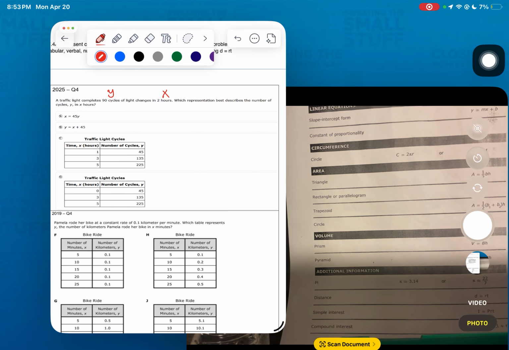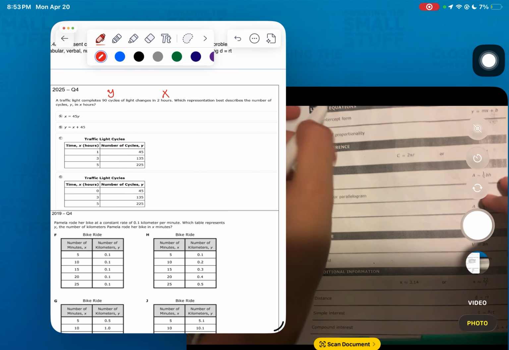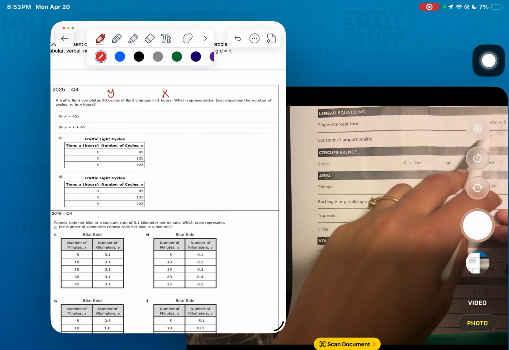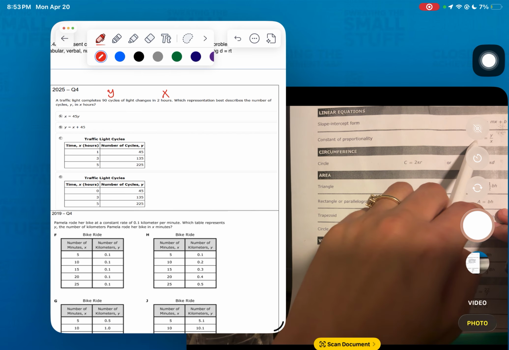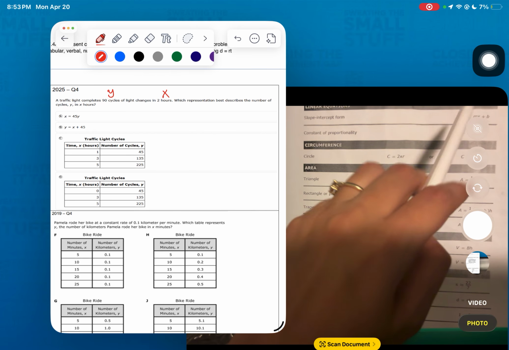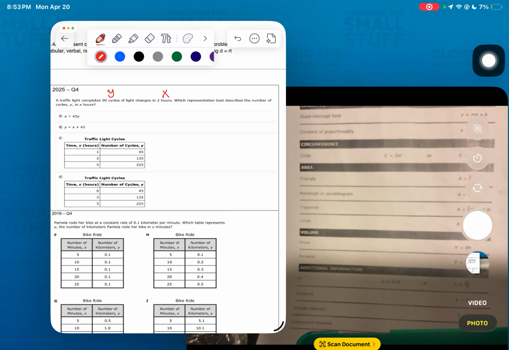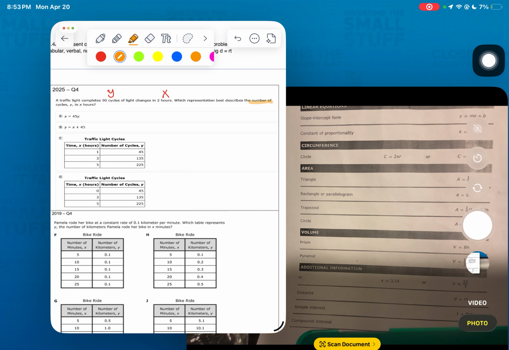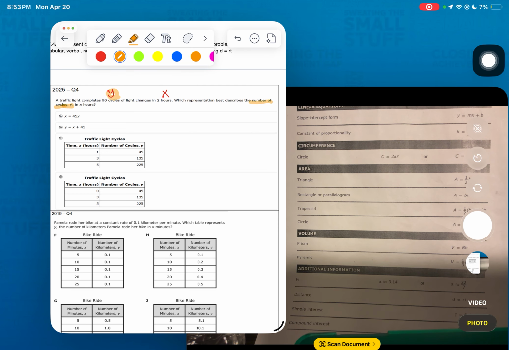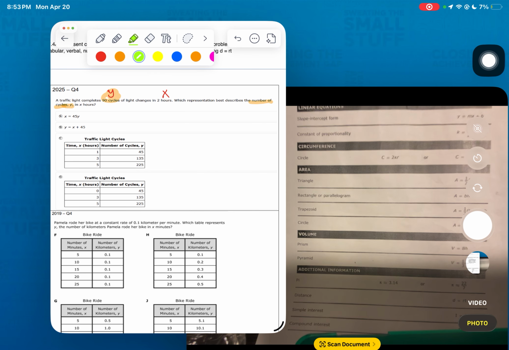Entonces, for this type of questions, my first two formulas on my reference sheet are gonna come in handy. Entonces, in this problem, because I read the whole thing, I know that the number of cycles represents y. And I know the number of hours represents x.